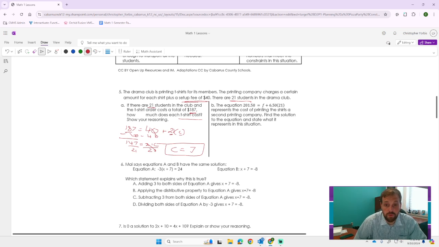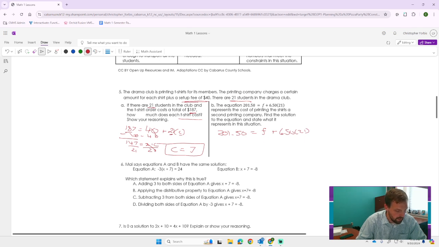The equation 20150 equals F plus 650 times 21 represents the cost of printing the shirts at a second printing company. Find the solution to the equation and state what it represents in this situation. So, all right, let's write it out. We got 20150 equals F plus 650 times 21.